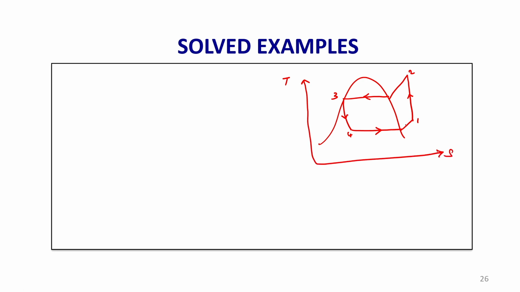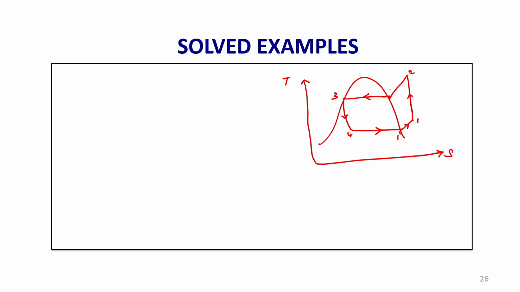So, this is 1 dash. Now, 1 has moved from the saturated vapor region to the superheated region, and of course, this point is 2 dash. So, this is the condensation process, this is the evaporation process, this is the work of compression, and this is throttling.